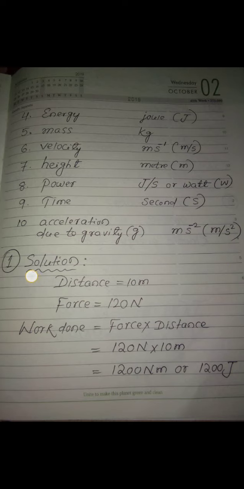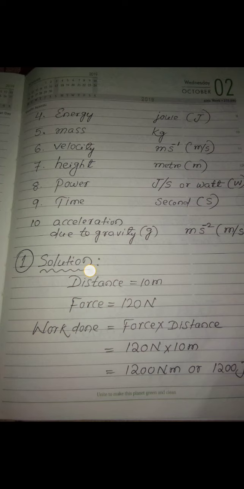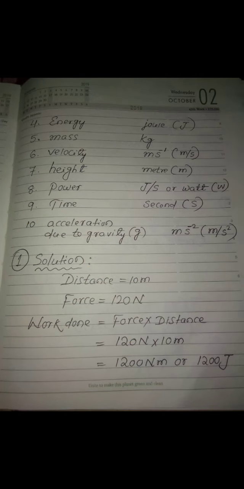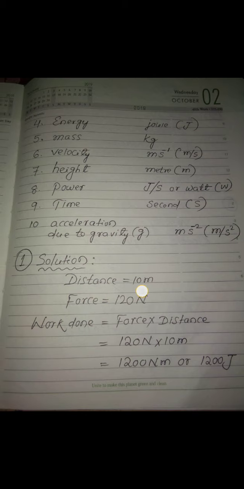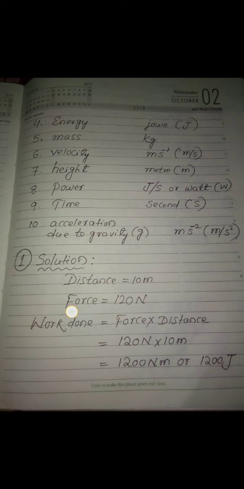Now we will discuss the numericals. Question number 1. Remember this. Calculate the work done in pushing a cart through a distance of 10 meter when the force applied on it is equal to 120 Newton.